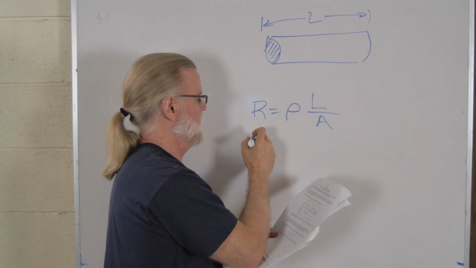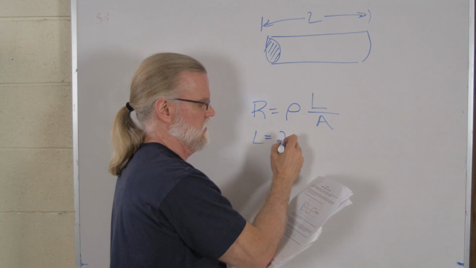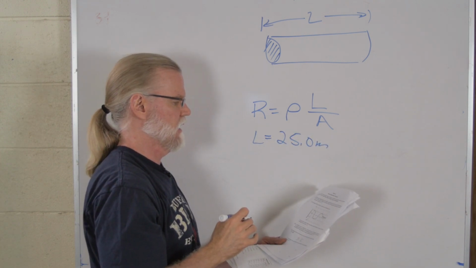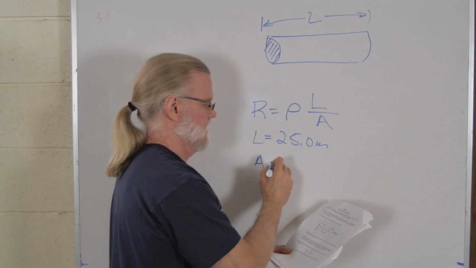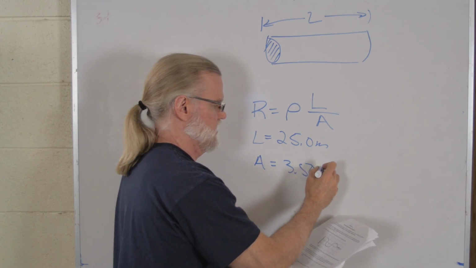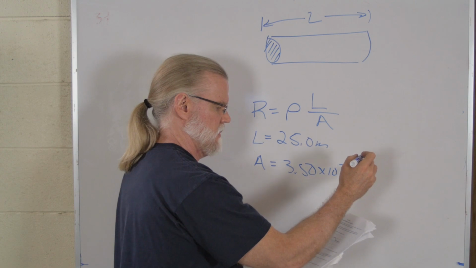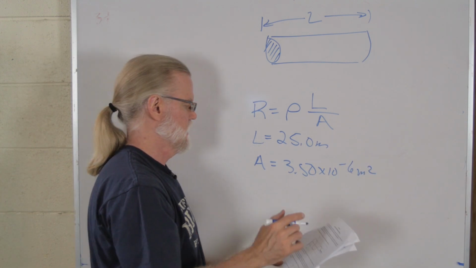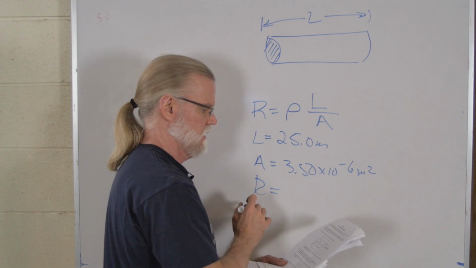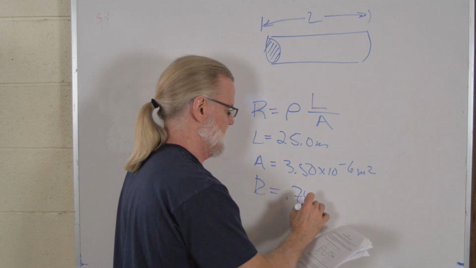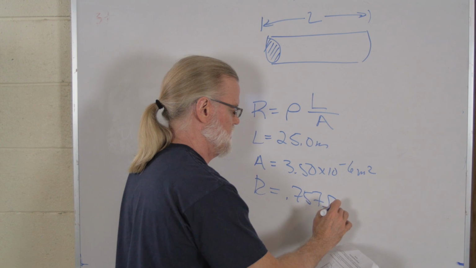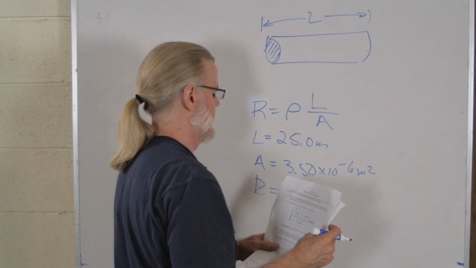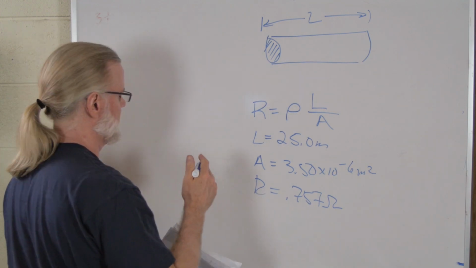They gave us the length is 25 meters, the area is 3.50 times 10 to the minus 6 square meters, and a resistance of 0.757 ohms. They didn't have to give us a temperature. I don't know why they did.